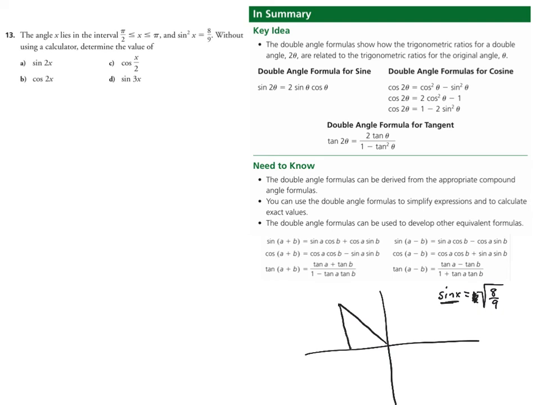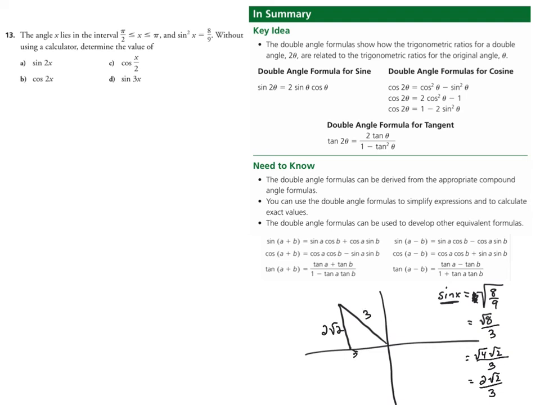So 8/9, that is equal to root 8 over 3. Root 8 is just root 4 times root 2 over 3, which is 2 root 2 over 3. Okay, so we can say that's sine x. This is going to be opposite, 2 root 2 over 3. And what is this going to equal?